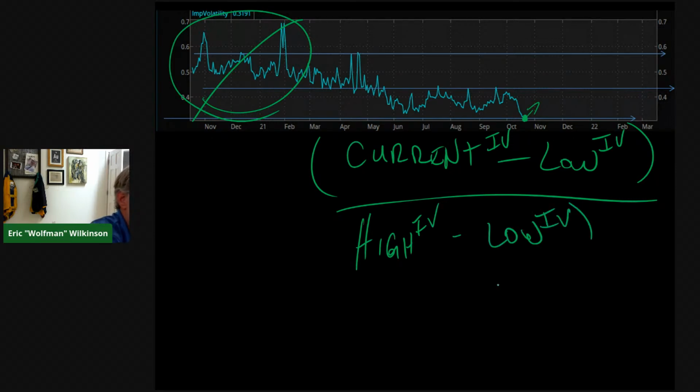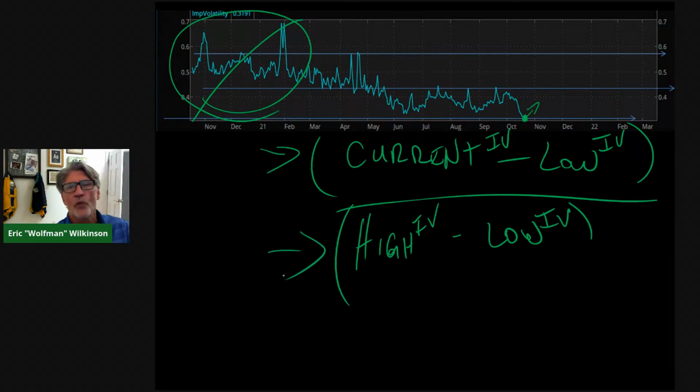So we try and find out where we are off of the low by this top part of the equation, the numerator, right? And then the denominator tells us what the entire range is for this. So having said that, I go with the current is at 31.